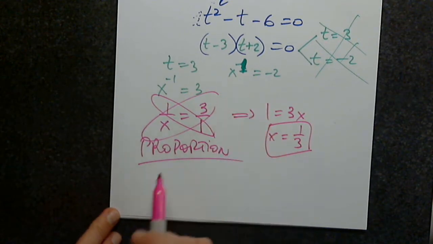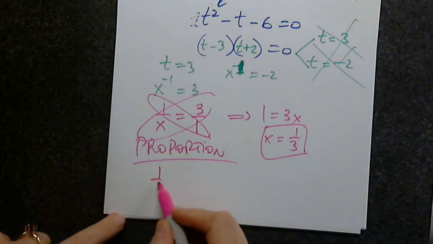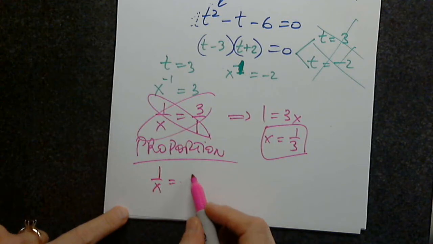X to negative 1 will be replaced by, perfect, thank you. So 1 over x equals, exactly.